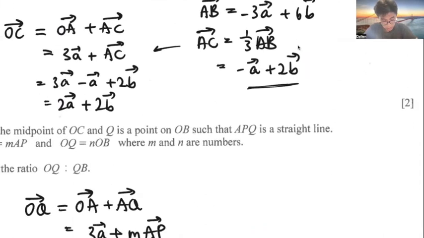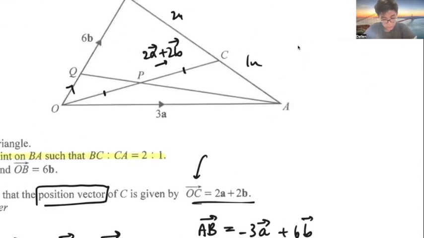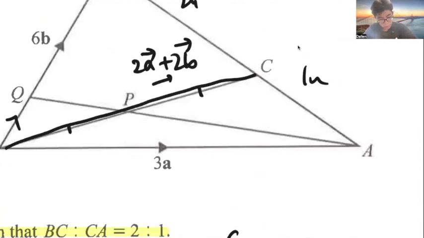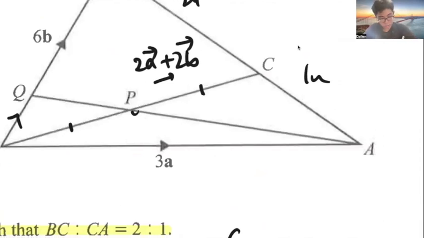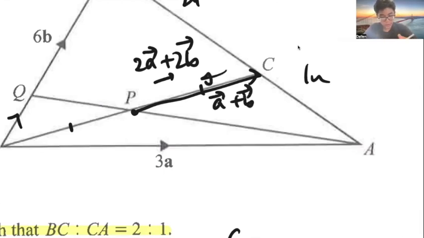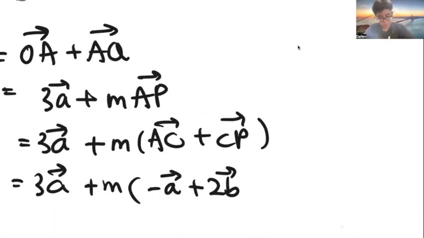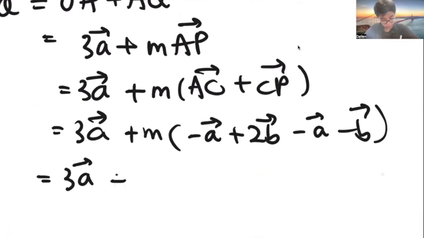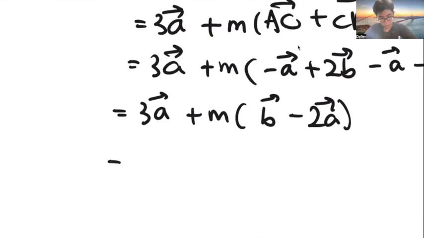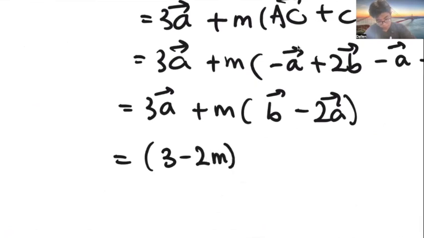And then CP is given by, remember this is 2A plus 2B, so half of it is A plus B. The opposite direction will be minus A minus B. If you simplify and combine, it will go to this.